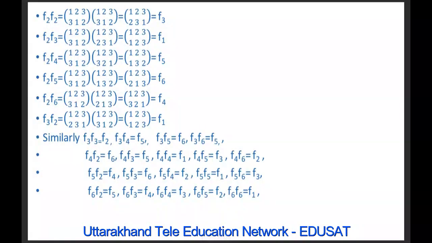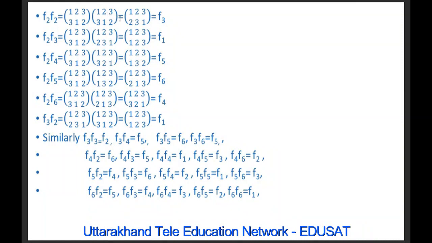Now let's see what about F2 F2. F2 is 1 2 3 in the first row, 3 1 2 in the second row. In the first transformation, 1 goes to 3 and in the second 3 goes to 2.